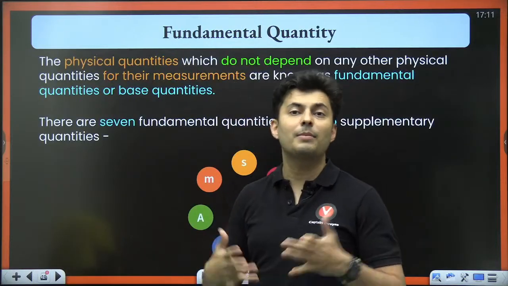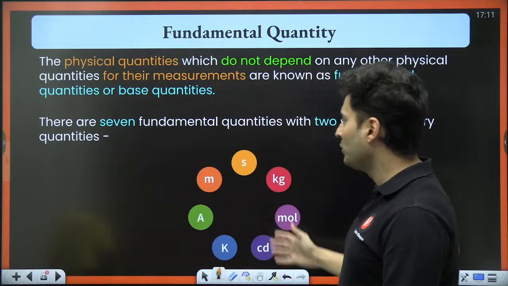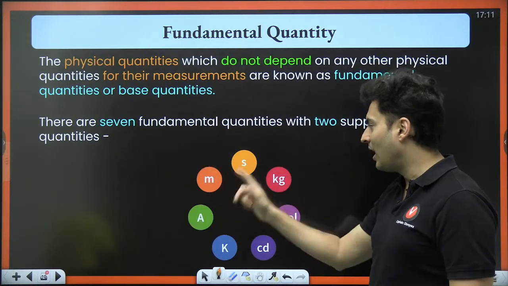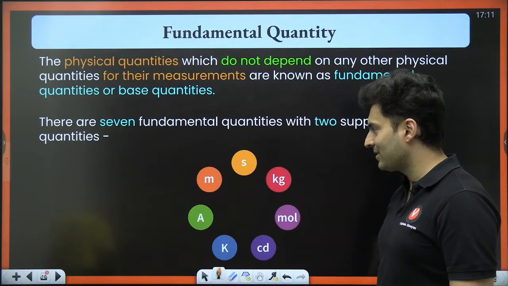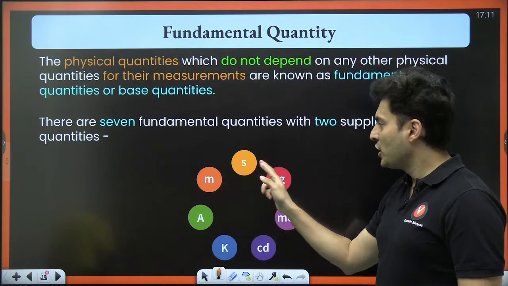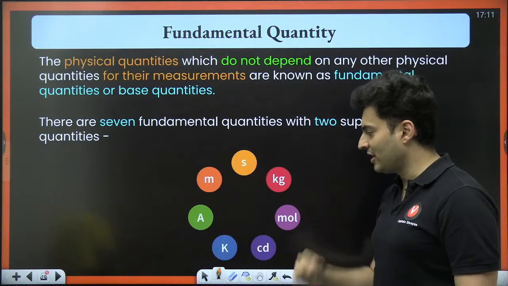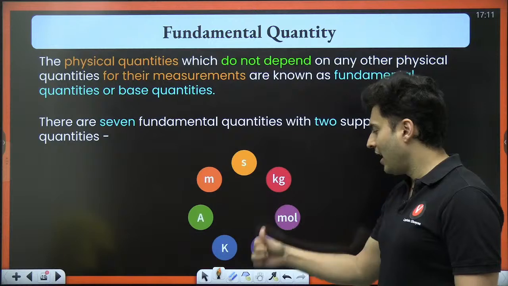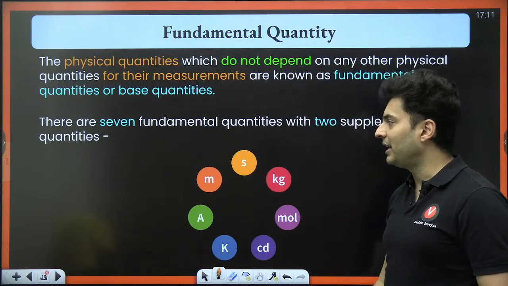Then people realized there are many more fundamental quantities, and those fundamental quantities, which are 7 quantities, are right over here. You have mass, length, time, current, temperature, amount of a substance, and the intensity of the light.